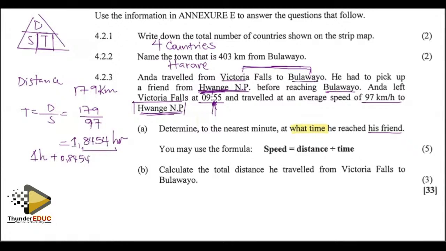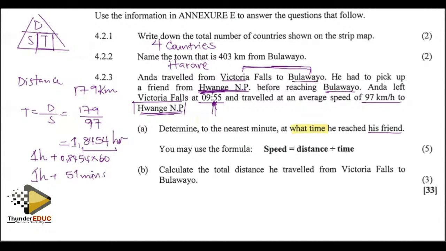We multiply by 60. So this means that he has traveled 50 what? Minutes. Or 51 minutes, because you round up.